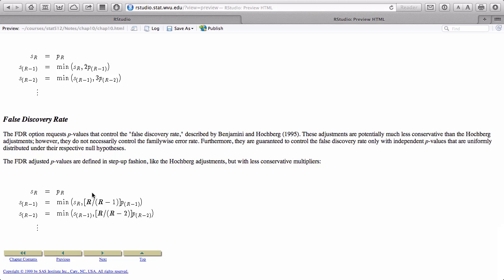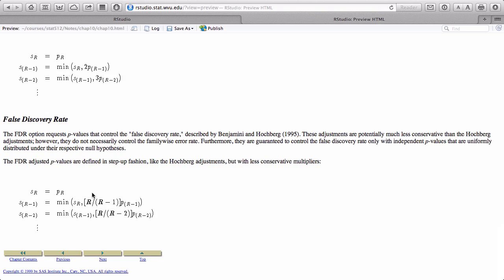And those are the adjusted p-values for it. Now, the problem with this initial procedure is that it assumed independence. If you have n very large, that might be reasonable to do.